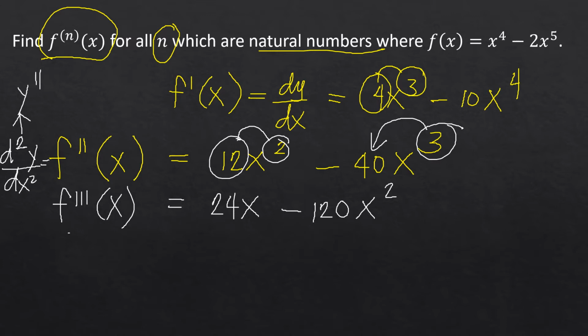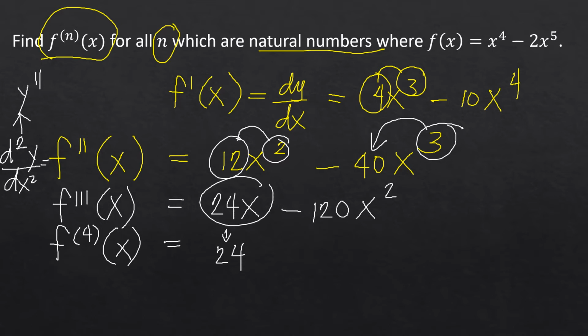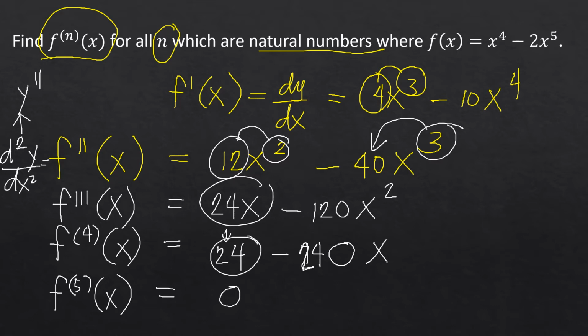Now getting the fourth derivative, we can just have, okay, ito na yung may enclosed na 4, then we have x here. Derivative of 24x is 24, and derivative of 120x squared is negative 240. Kasi 120 times 2 is 240, and negative. That is the fourth derivative. Now we're getting the fifth derivative. Okay, derivative of 24 is 0.